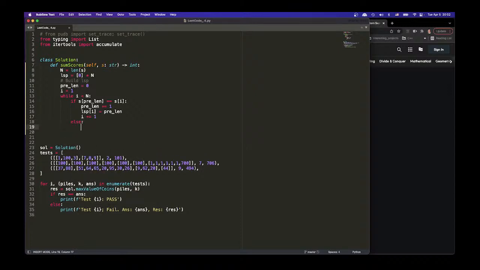Else, if pre-length is not equal to s[i], okay? So this doesn't match. So we need to find out the actual length in the previous prefix.